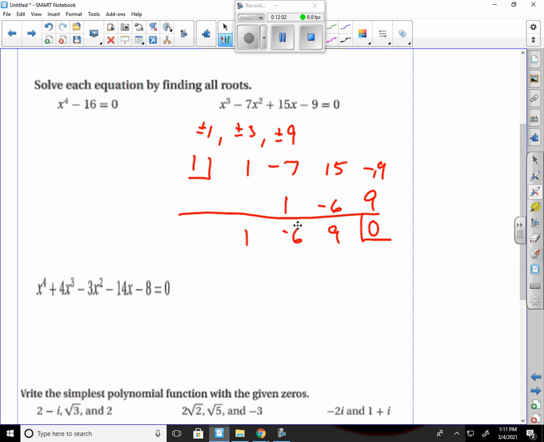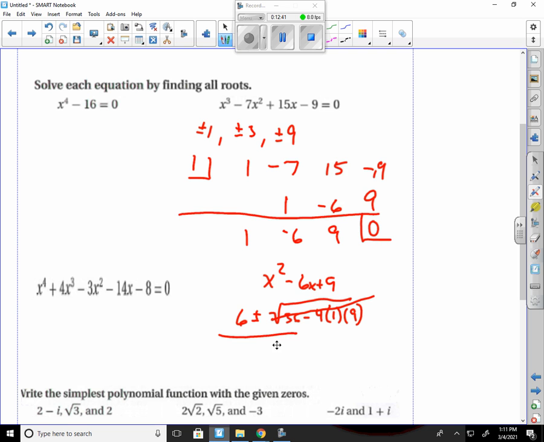Now I have 1, negative 6, and 9. So this is x squared minus 6x plus 9. I can use the quadratic formula. Negative b, that's positive 6, plus or minus the square root of b squared minus 4ac. b squared is negative 6 squared, that's 36, minus 4 times 1 times 9. 4 times 1 times 9 is 36. 36 minus 36 cancels out completely.